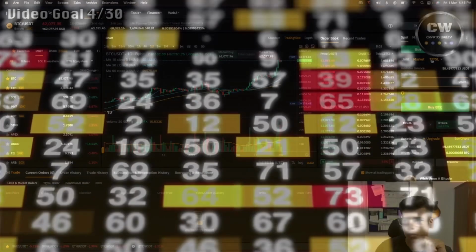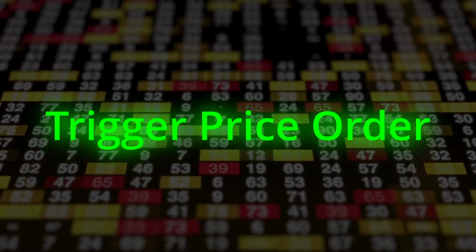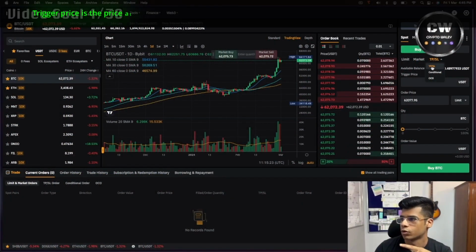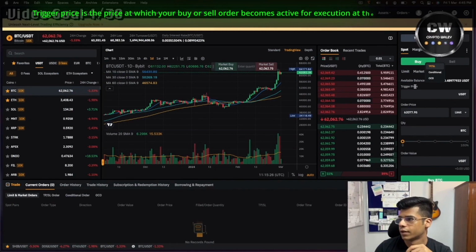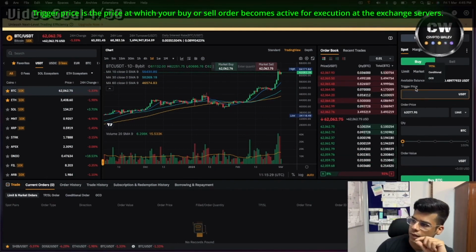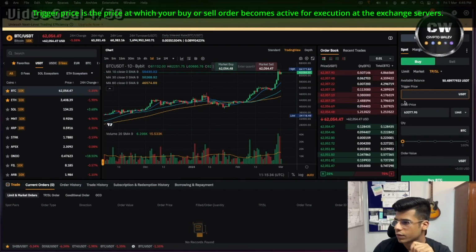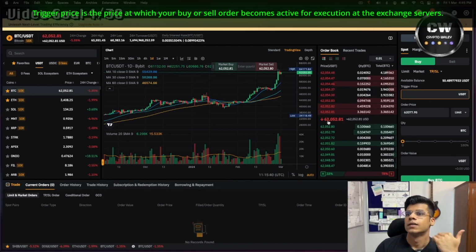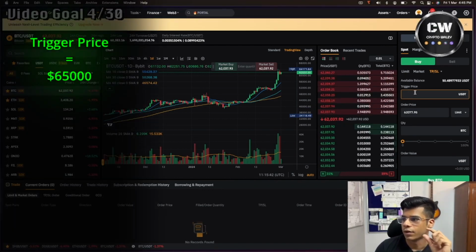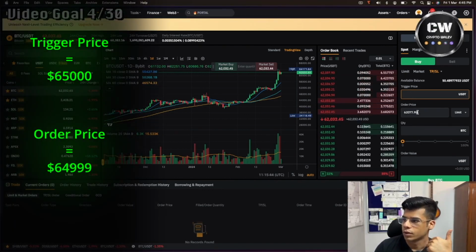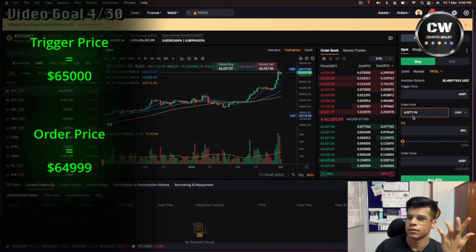And for stop losses or target prices, you can put a stop loss order or TP order, right? Here there is a trigger price and there is an order price. Imagine that I have to sell my Bitcoin at 65,000, right? So I put a trigger price at 65,000 and an order price of 64,999.